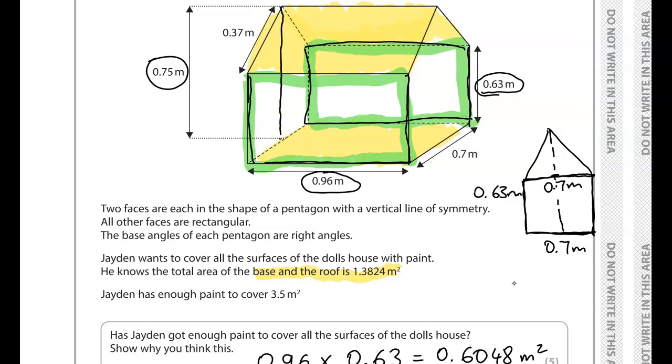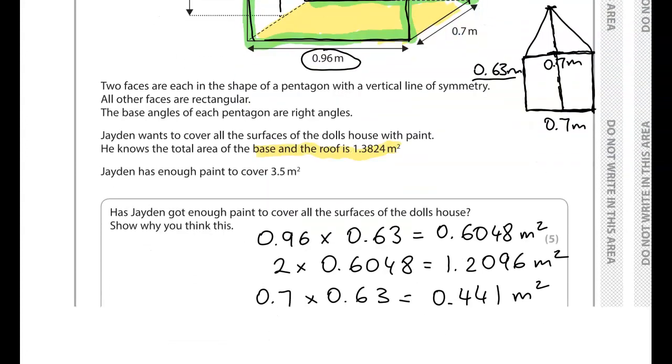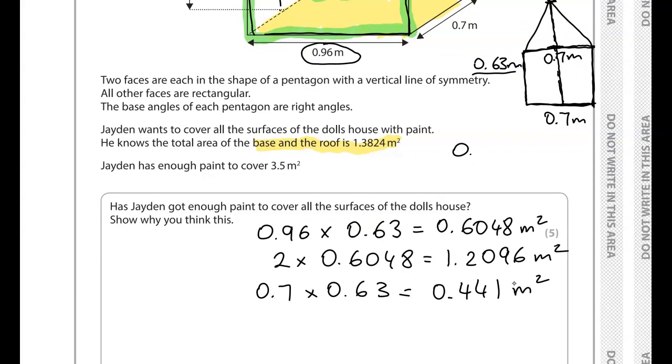To work out from this point to this point, we're going to have to take away 0.63, which is this length here. So 0.75 take away 0.63 leaves us with 0.12.